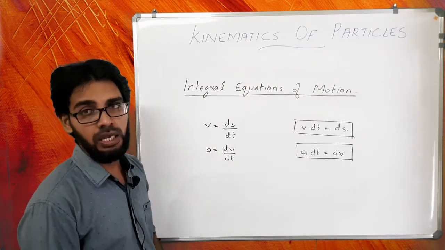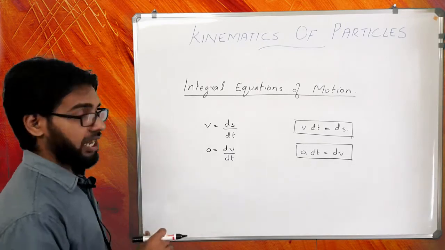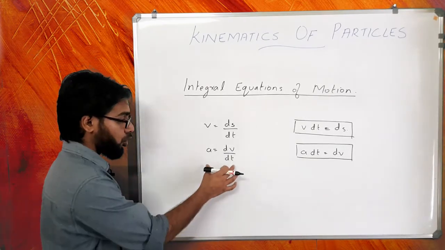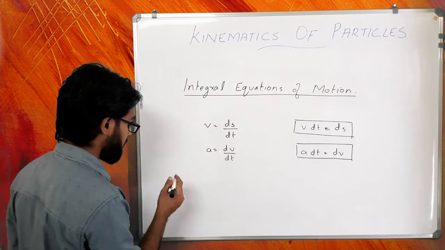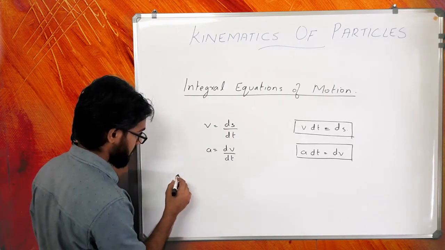Remember these equations: V dt equals ds, A dt equals dV, which can be easily derived from these two equations. Now, one more thing, I will apply the chain rule on this equation to get another important equation.